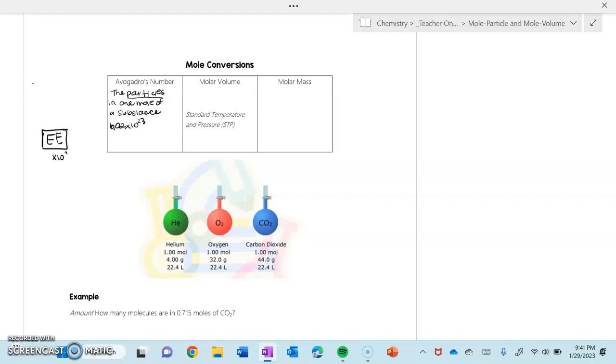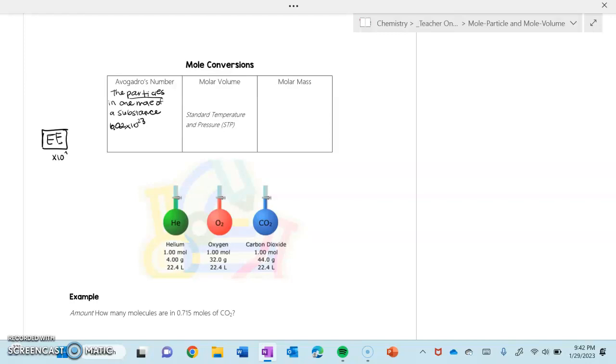And we can use Avogadro's number as a conversion factor. All of these 3 boxes up here are going to be our mole conversion factors, hence the name of the notes today, mole conversions. So our mole conversion factor of Avogadro's number is to say that 6.02 times 10 to the 23rd power particles, which again are atoms or molecules, equals 1 mole.